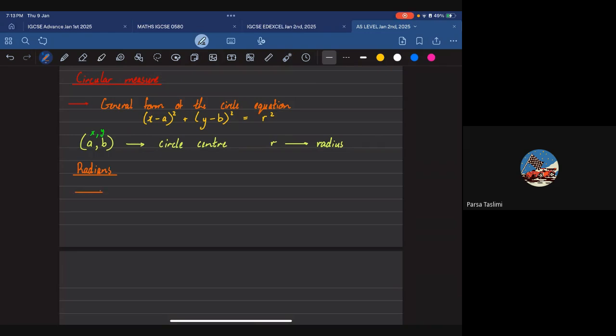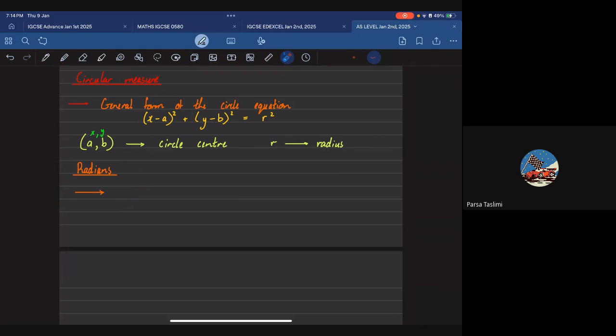If we go for the very literal definition of what radians are, they are just another way of measuring angles. On your calculator as well, it says degree mode and radian mode. And those are just ways to represent or express angles.